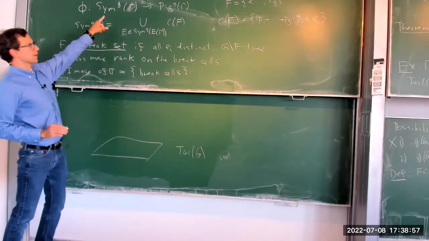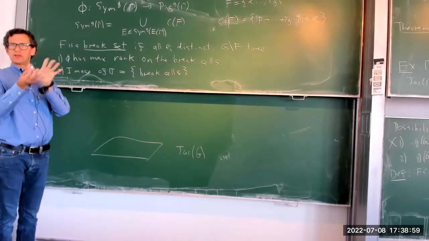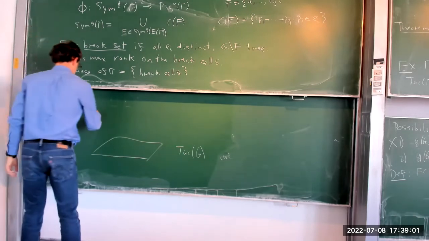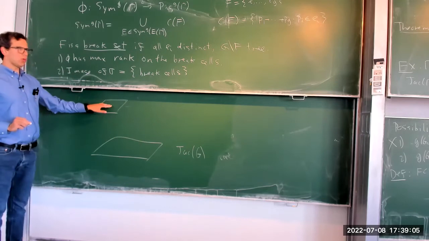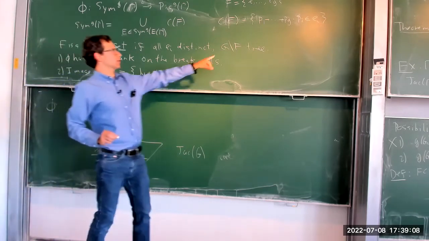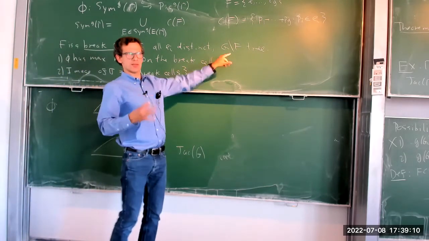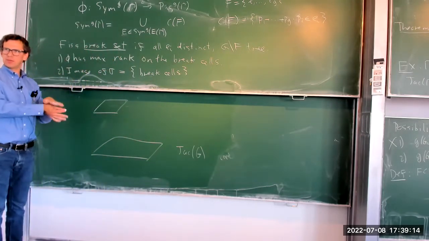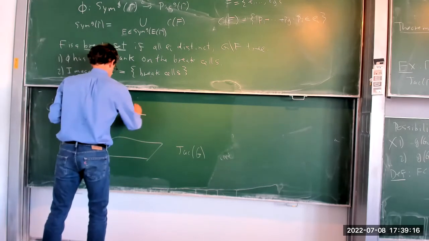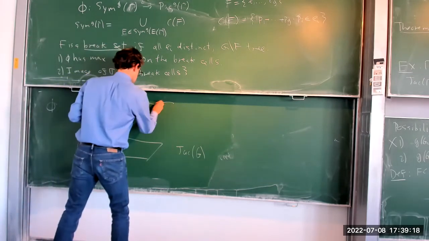So this thing is some kind of polyhedral complex, built up of these parallelotopes. But the way they arrange themselves is that only the ones that correspond to sets of edges which are complements of spanning trees are not contracted by this map, right? So these guys are the break cells.